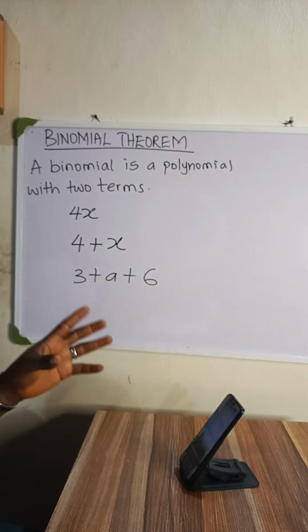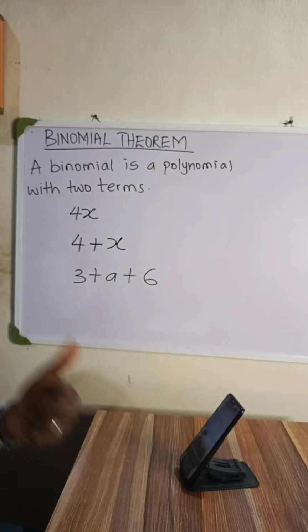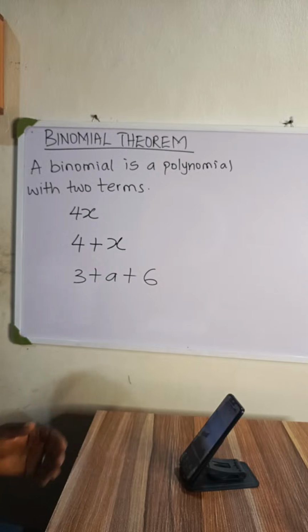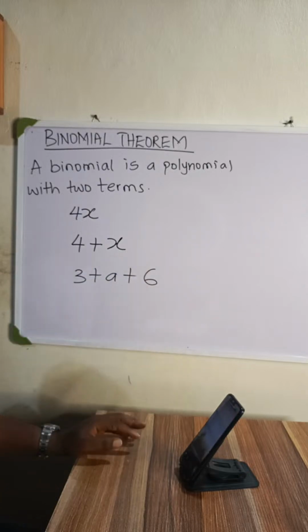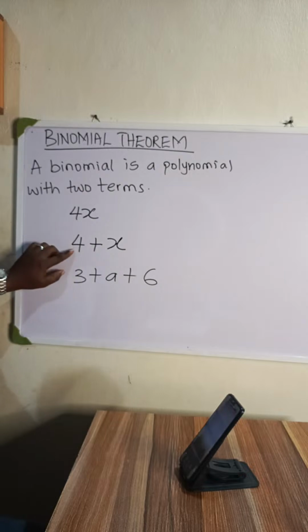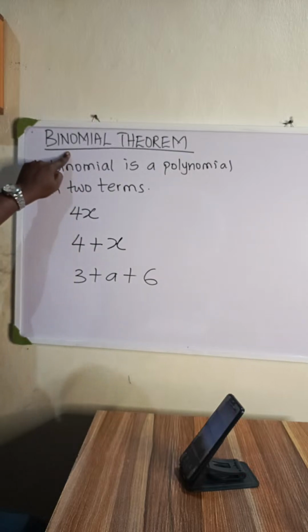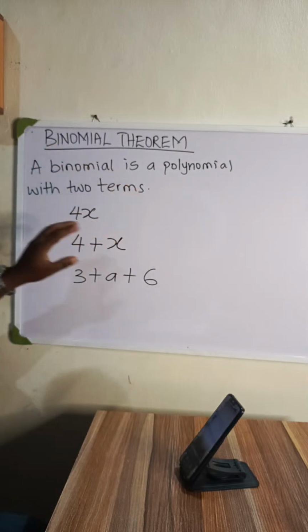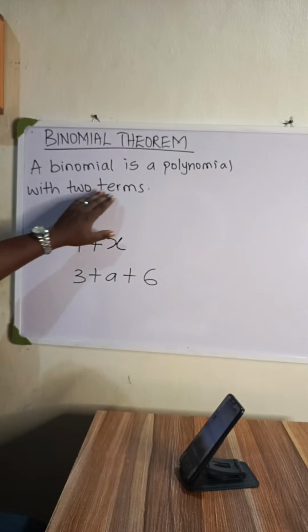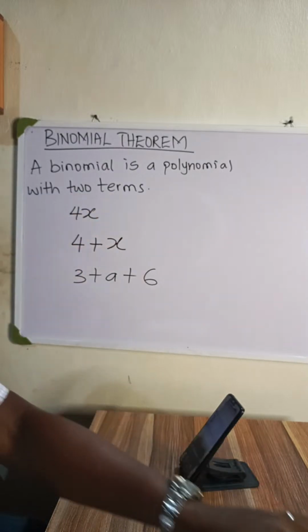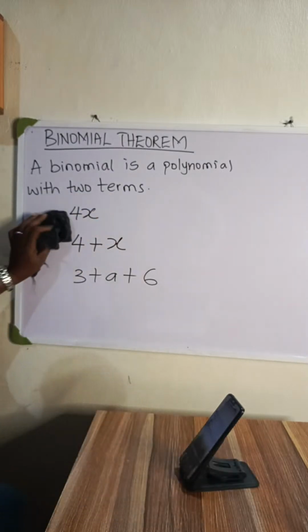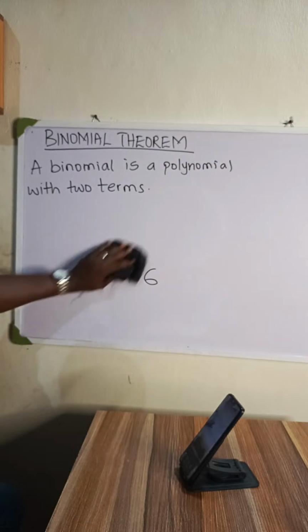So once they are separated by either a plus or a minus, then these are different terms. So this is the only one that qualifies as a binomial. So a binomial is a polynomial that has two terms. So that's the first thing we need to understand.